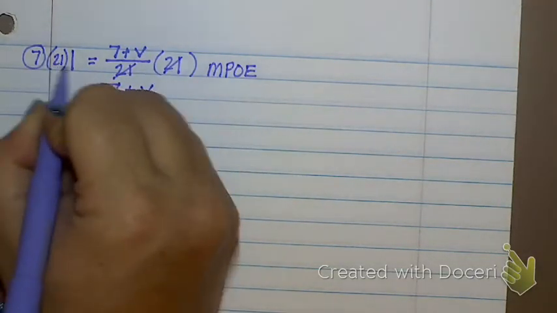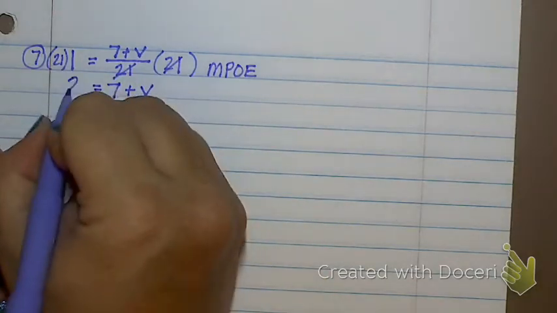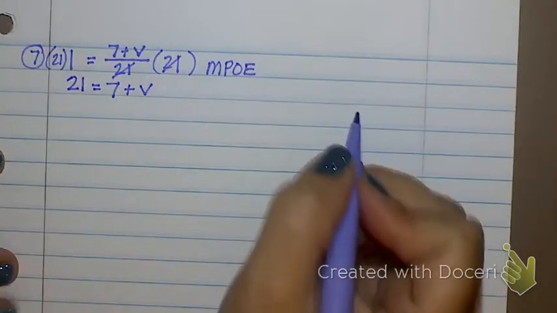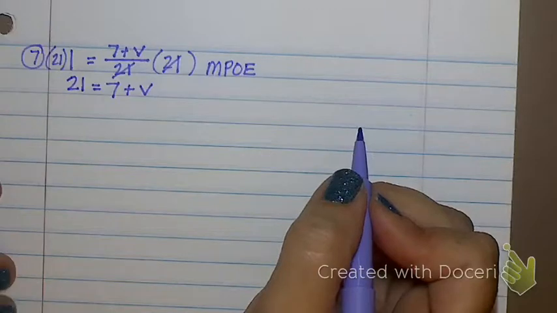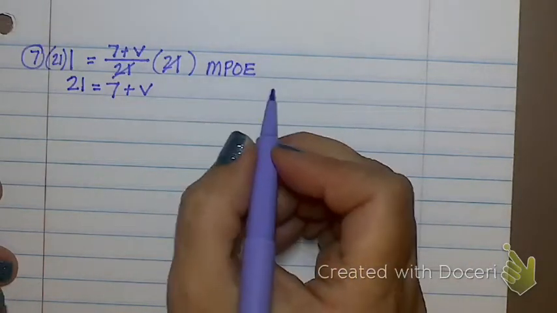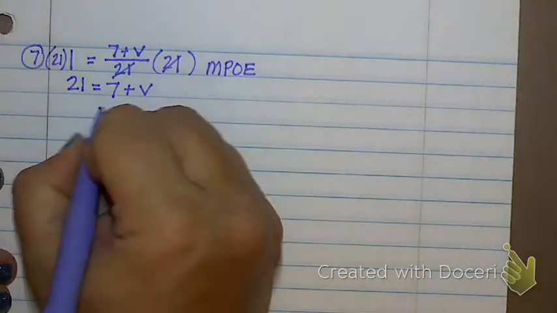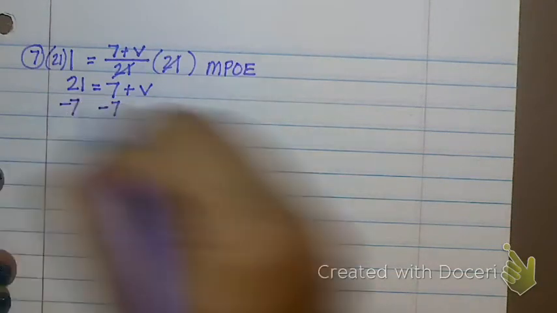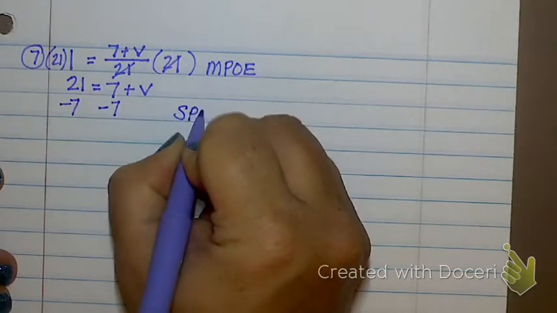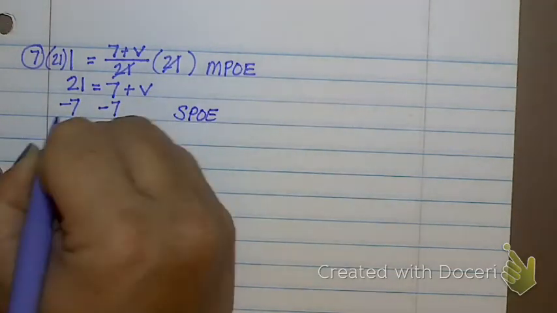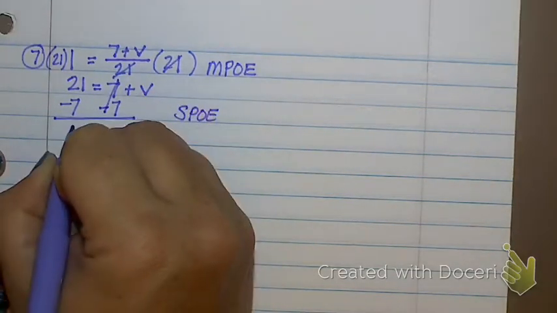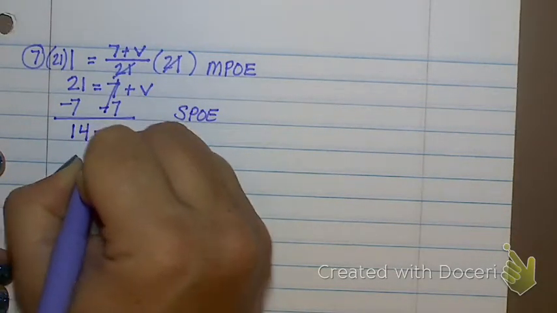And over here, what's 21 times 1? 21. All right, what's my second step? What am I subtracting? So I subtract 7 from both sides using the subtraction property of equality. What is 21 minus 7? 14 equals what?